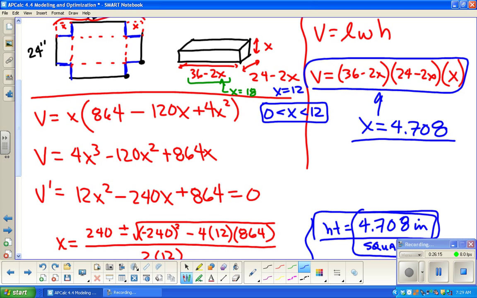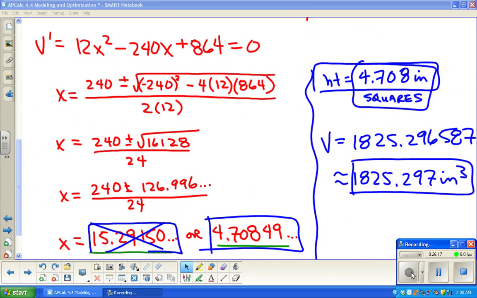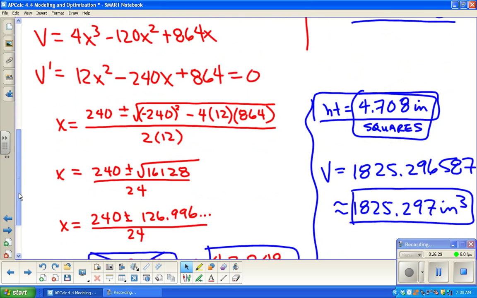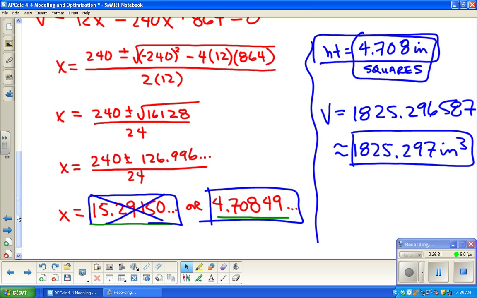All right, well, there it is. What I did was I put x equals 4.708 with more decimal places into the volume equation, and I get a volume of 1825-ish. And again, this is cubic inches, it's volume, so there we go.